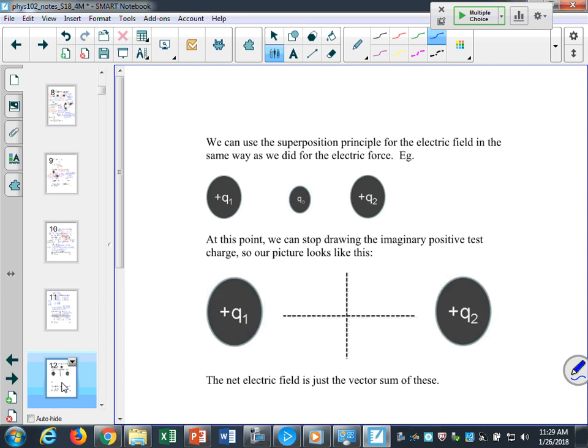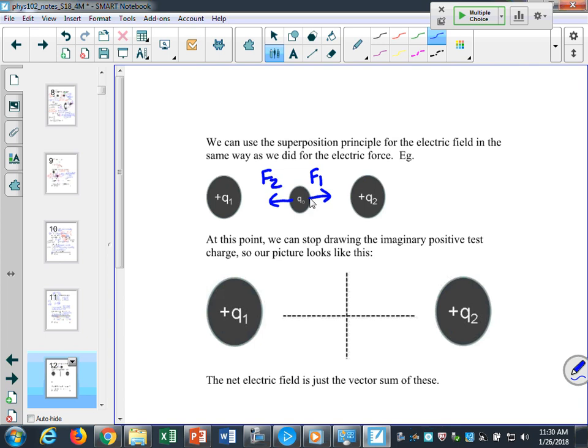Now, I take my positive test charge out of my pocket, and I put it here, and then I ask myself, what is the direction of the force that this charge feels? It's going to feel two forces: a force F1 in that direction, and a force F2 in that direction. That's nothing new.